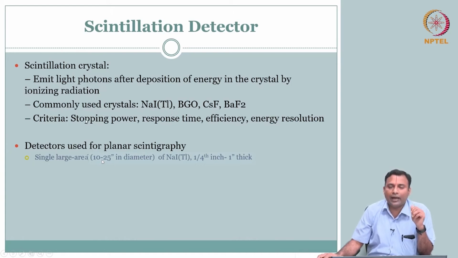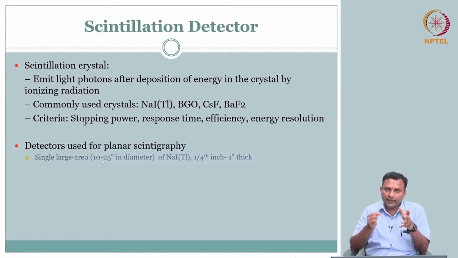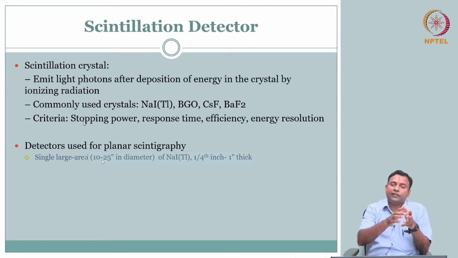What is the big picture, what is it supposed to do? Gamma rays come in, it has to absorb the gamma rays, excite through the photoelectric effect, and when it comes back to the ground state reconfiguration, it sends out energy which is in the photo light range.